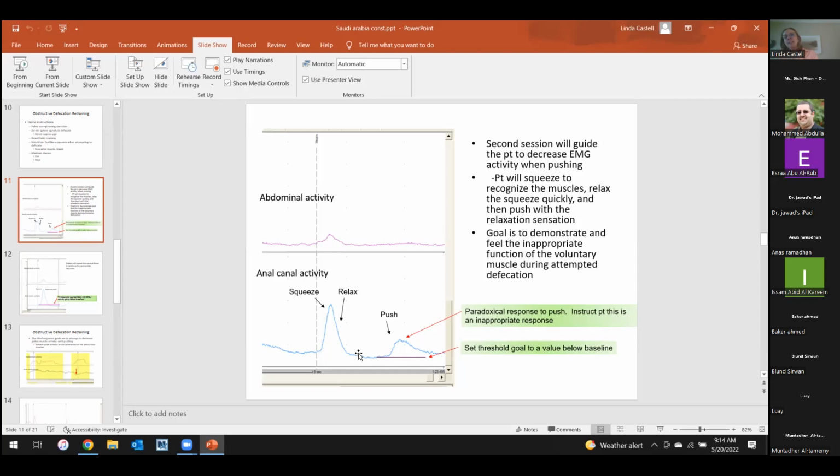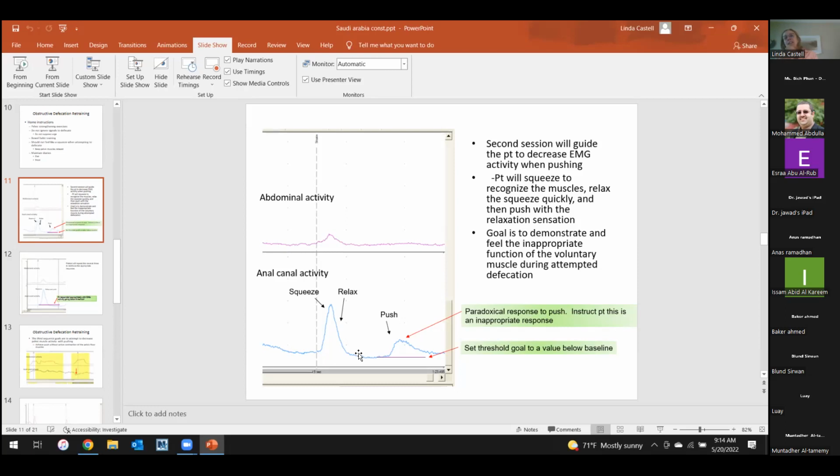The muscle activity decreases, so it doesn't fire so much. As long as they don't squeeze and they push from above, the muscle quiets down. And then that causes the puborectalis muscle to lengthen and decrease the pressure there.